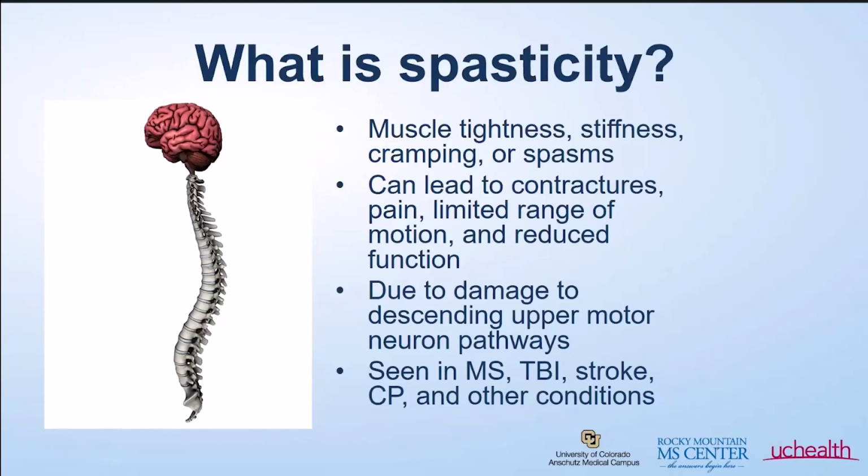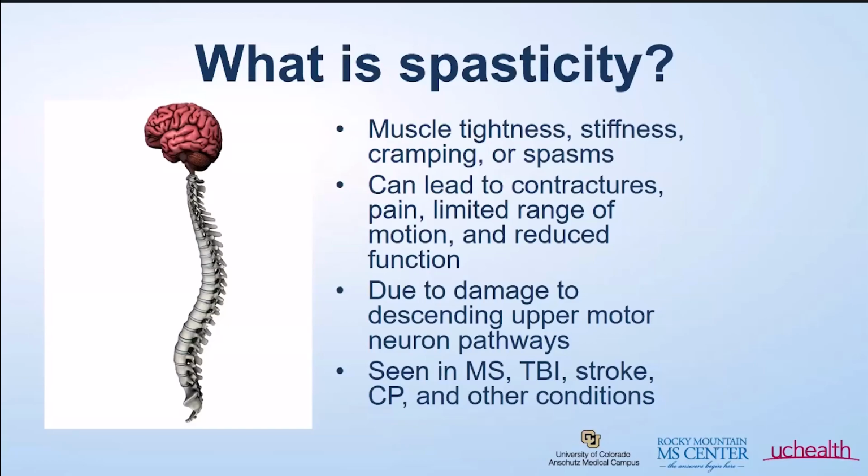And then you also have multiple different descending influences coming from the brain to the spinal cord, some of which are inhibitory, telling the muscles to relax. And then you've also got feedback loops coming from the muscles themselves. You have specialized sensors or receptors in the muscle fibers that can make the muscles contract as well.